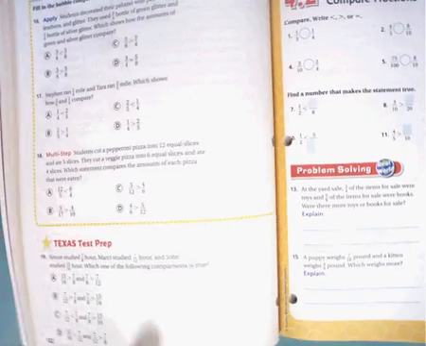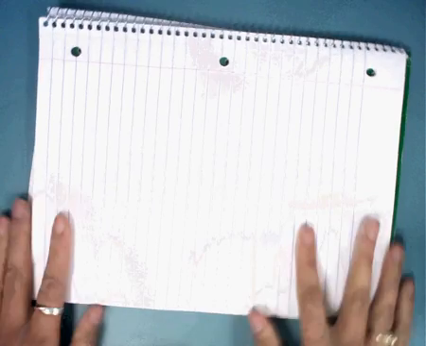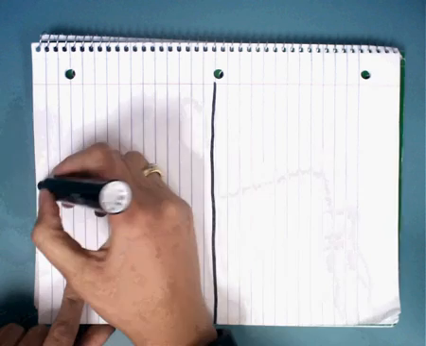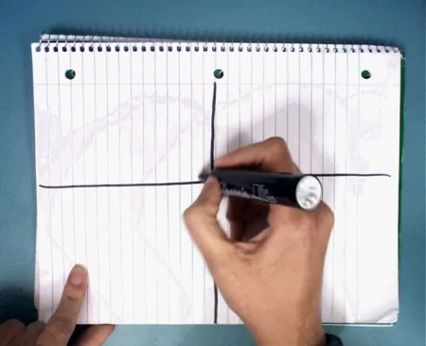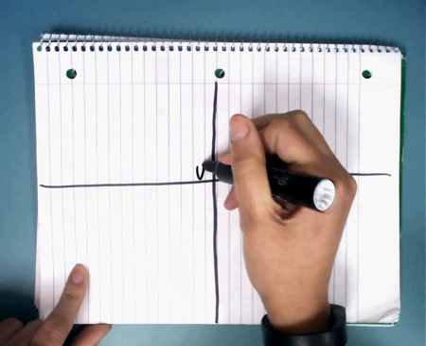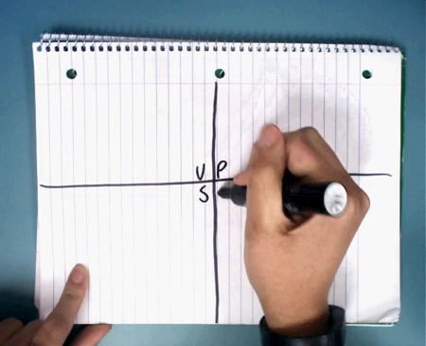Okay, so I'm going to get my paper right here, and I'm going to go ahead and divide it into 4 equal parts, a fraction, if you will, just like this, right? And you can either put UPS check, or I like doing UPS check, okay?